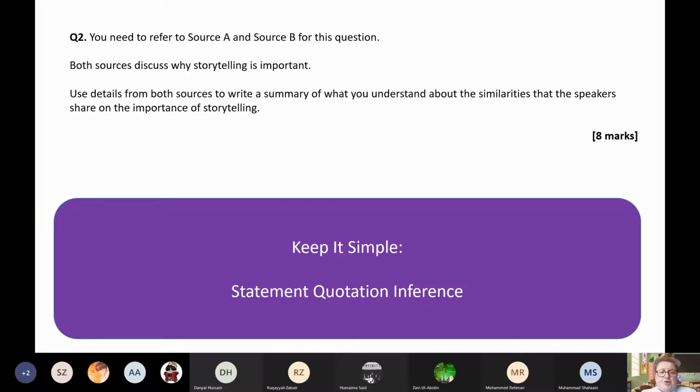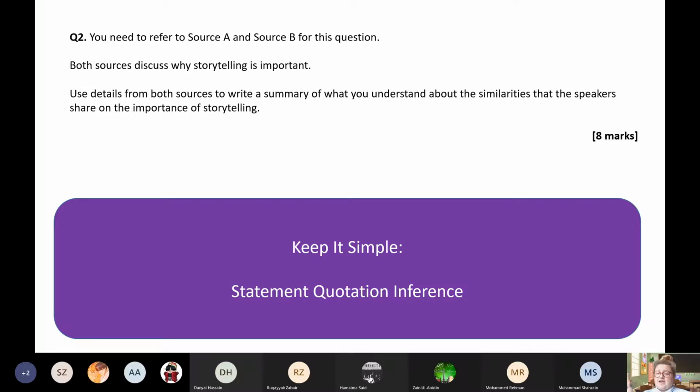So question 2 is a question that asks you to identify similarities. It is not a question that asks you to talk about language or structure. It only asks you to summarise what you've learned about the similarities or differences between the two texts.